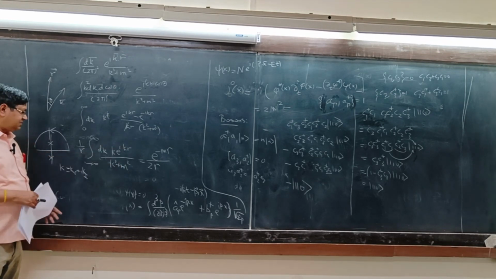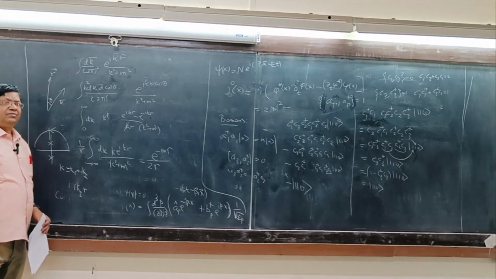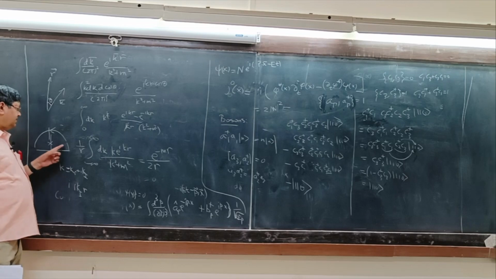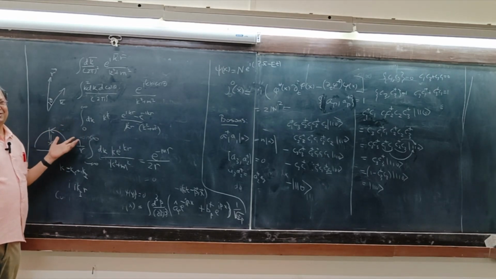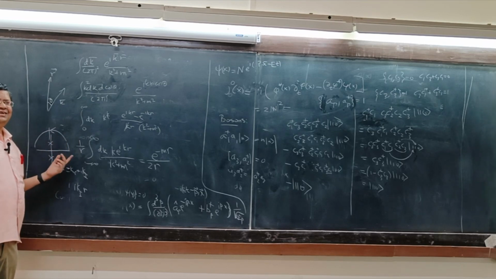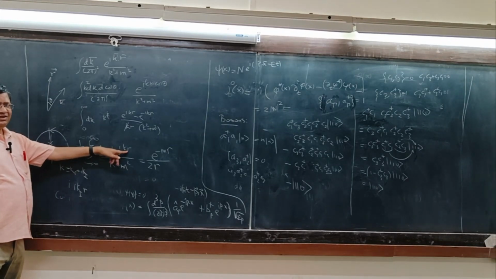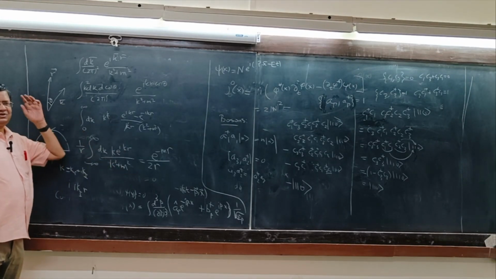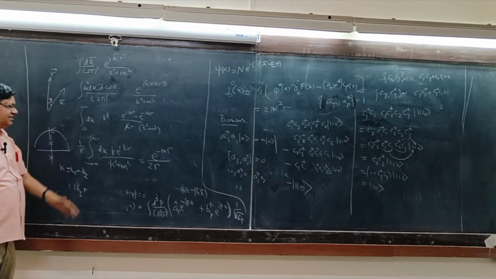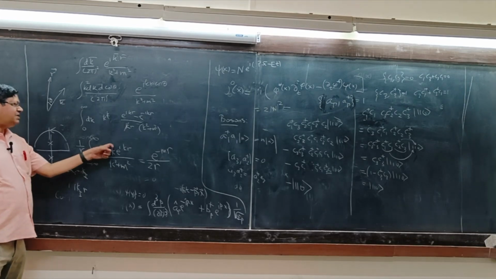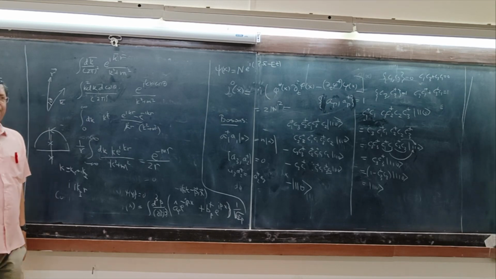If I plug it in, I times i k imaginary times r, so it's minus k imaginary r, and k imaginary is large. So this is the Jordan lemma. Jordan lemma was done. You choose upper or lower depending on this r. If r is positive, then you choose the upper side. Jordan lemma is the proof. I gave that statement. Had there been a minus sign, then you should have closed from the bottom.